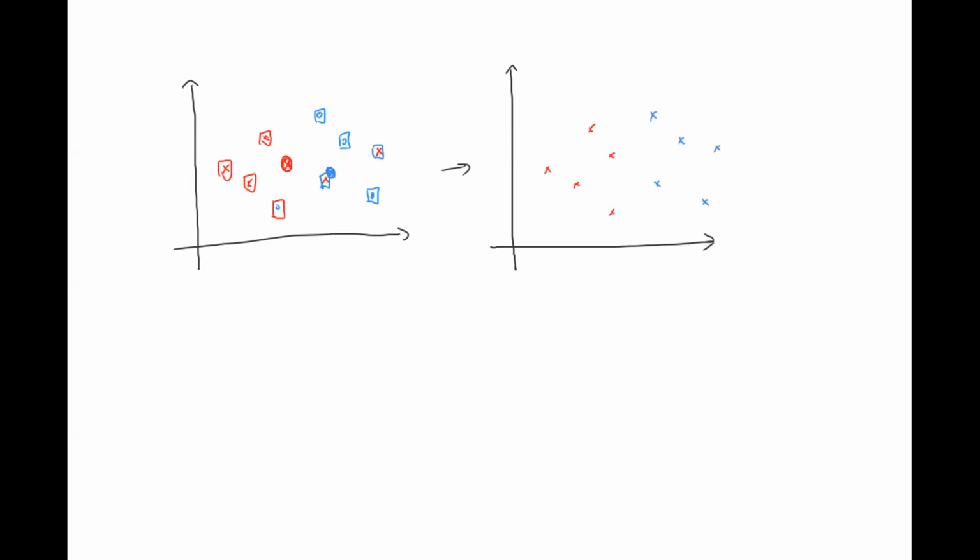Now I'm going to recompute my centroid, which I think is going to be something like this. And for the blue, it might look something like this. Okay. And then I reassign all the points. And what you'll see is that all of these guys are going to stay in their respective clusters.